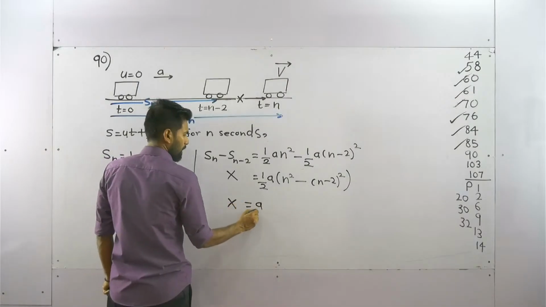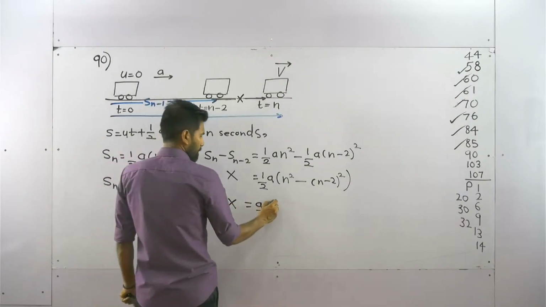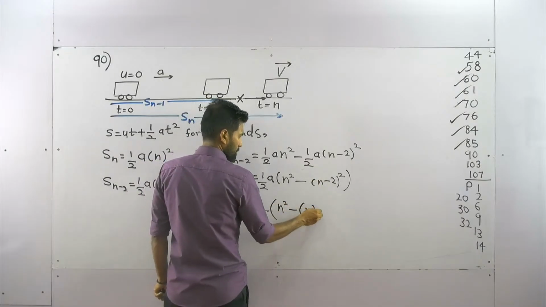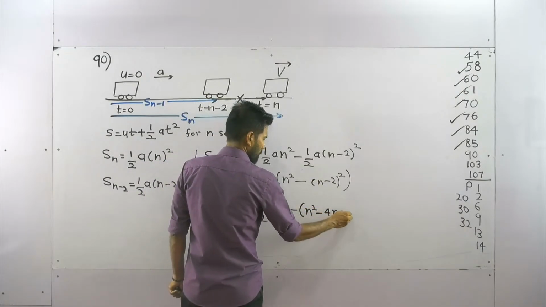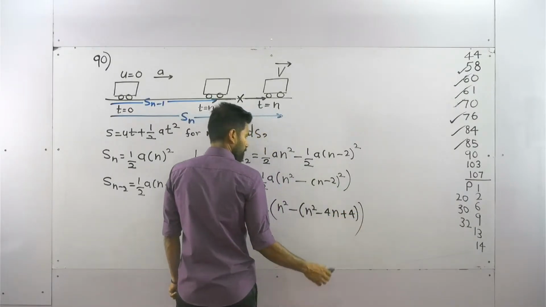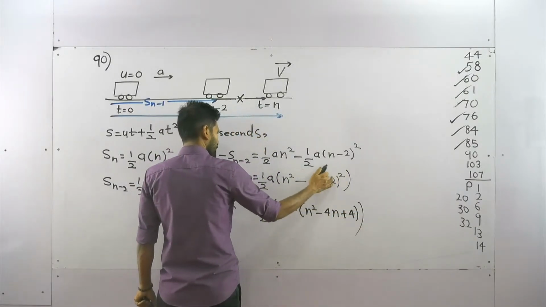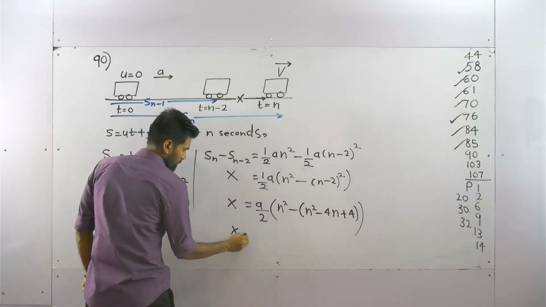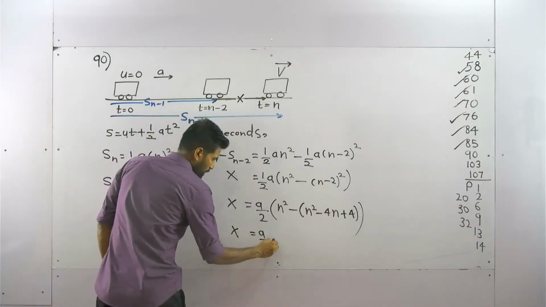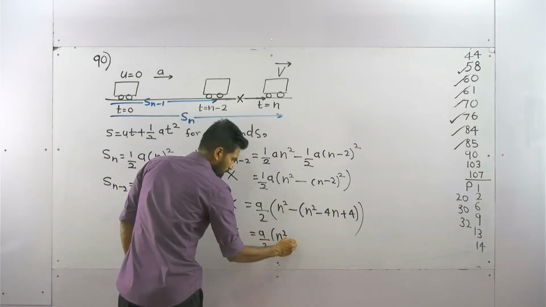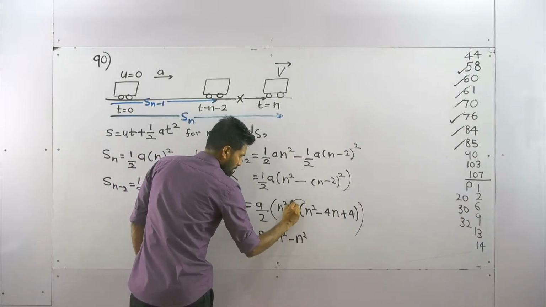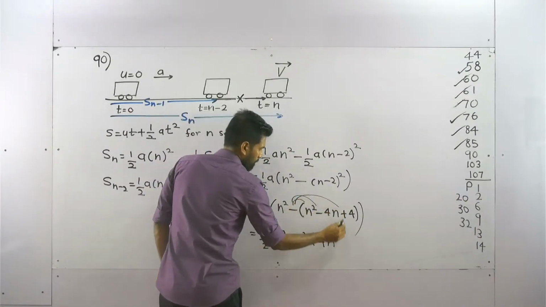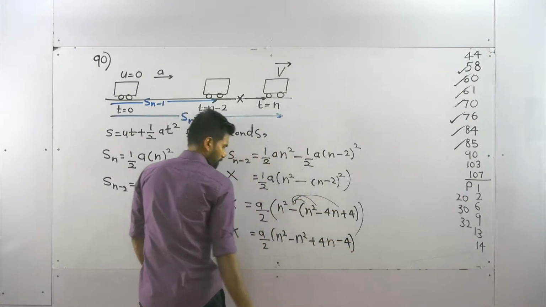X is equal to half a (n square minus (n minus 2) square). (n minus 2) complete square is n square minus 4n plus 4. So x is equal to a over 2 (n square minus n square plus 4n minus 4).